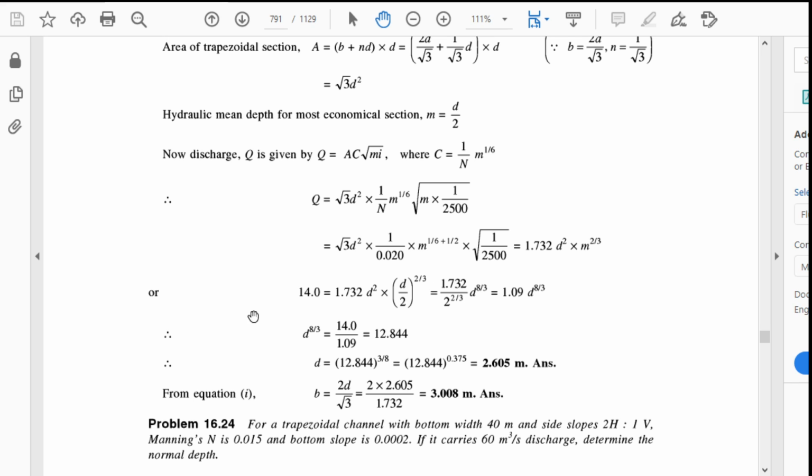Now Q is given as 14, so substitute it. Now the only unknown is your depth, that is d. By calculating all this, you will get the value of d equals 2.605 meters.